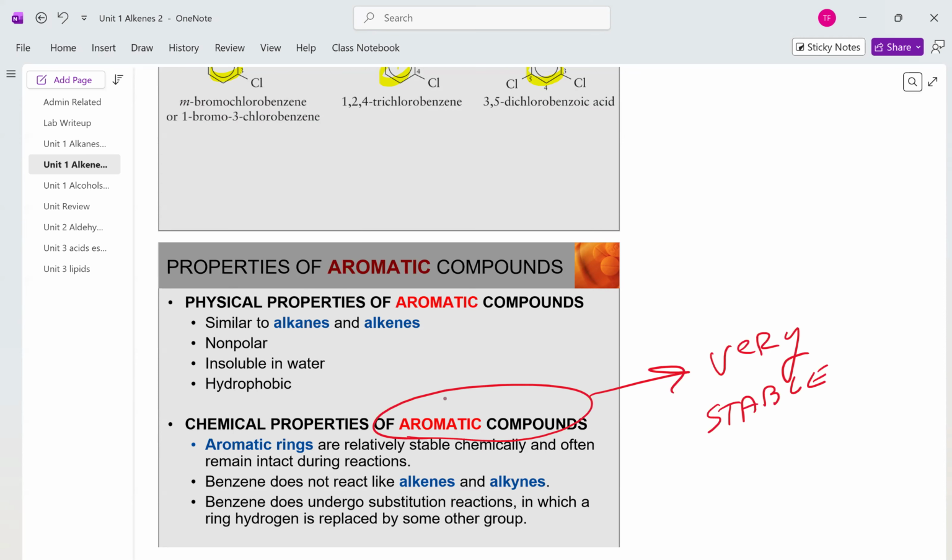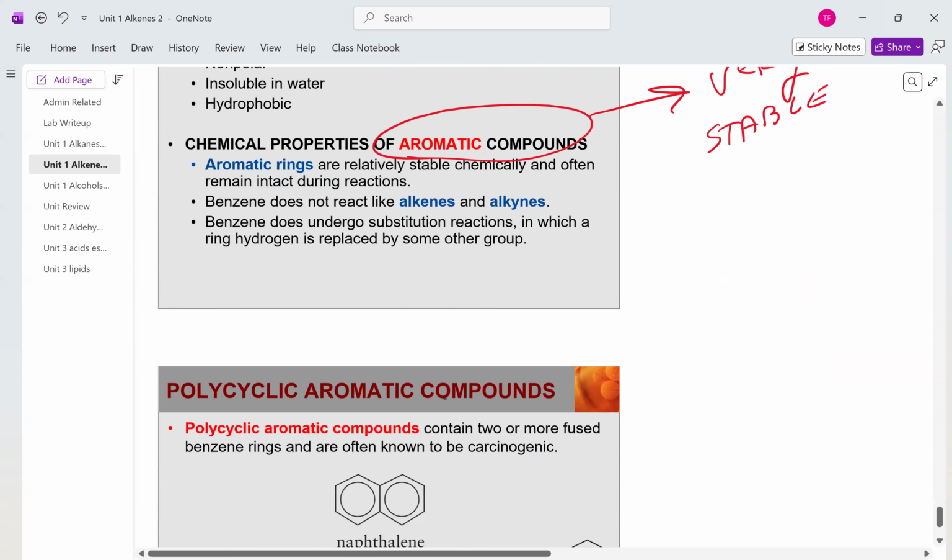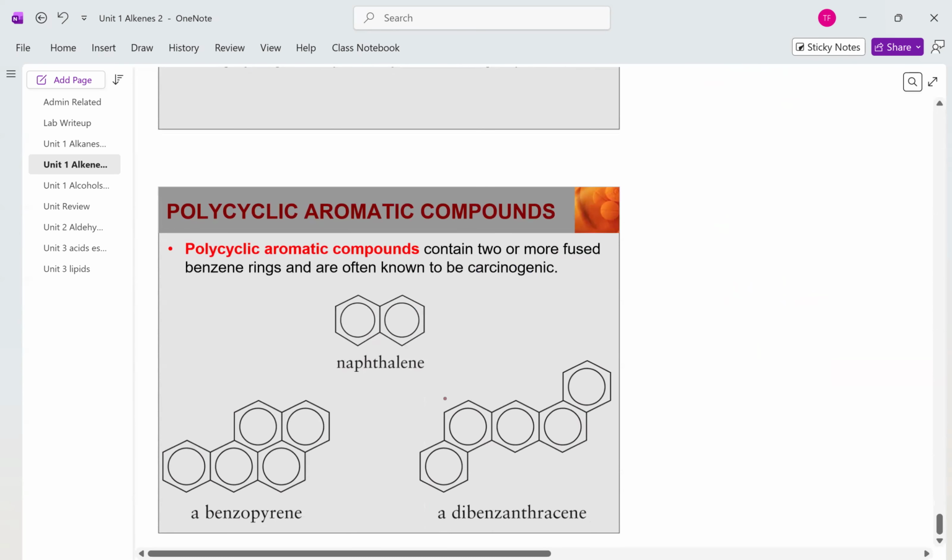They're very, very stable. So because they have double bonds in it, they can't undergo addition reactions like we did earlier today. So these are all aromatic because they contain benzene rings. These are also very carcinogenic, including benzene.